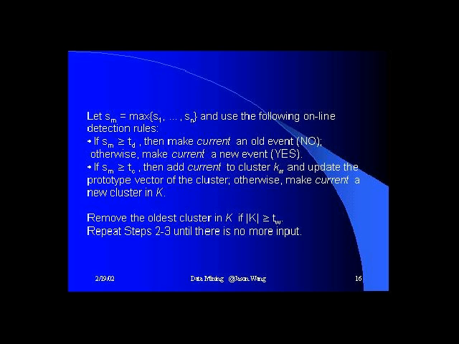All right? When you have new clusters inserted, at one point you have to remove the old uninteresting cluster from your window, and you repeat these steps until there's no more input, and that's how you do the online event detection for text mining.